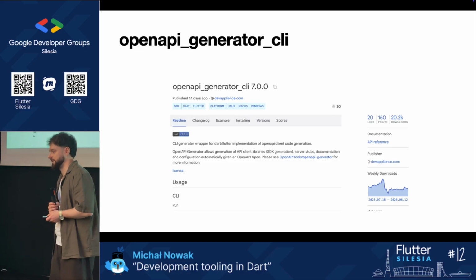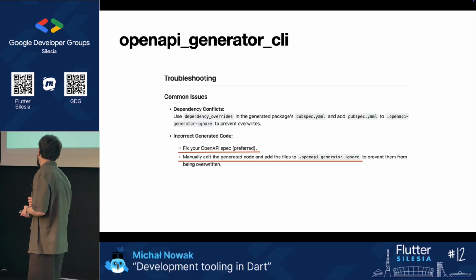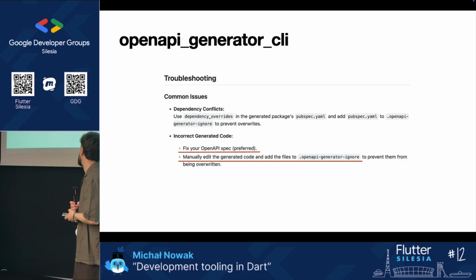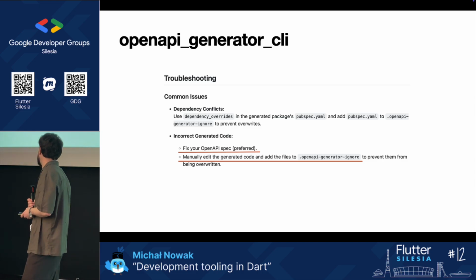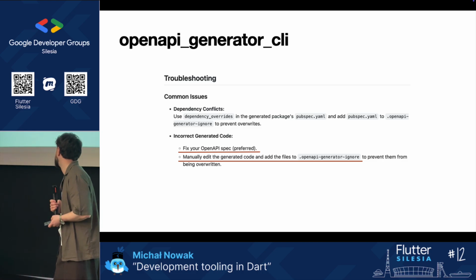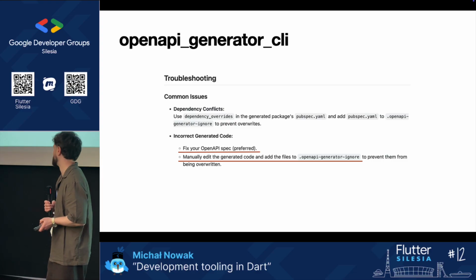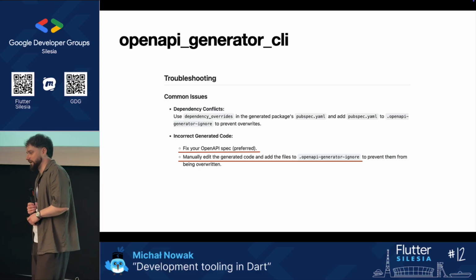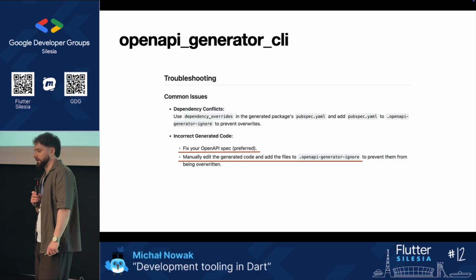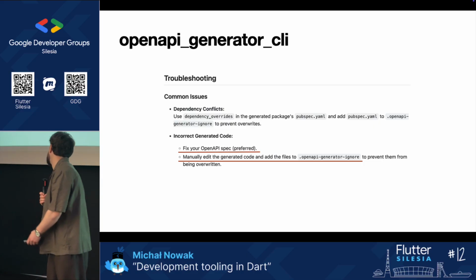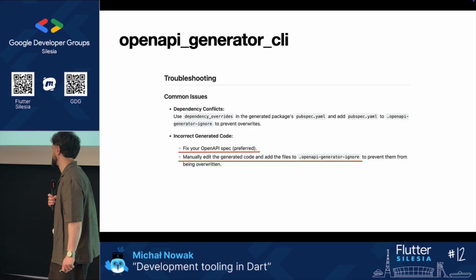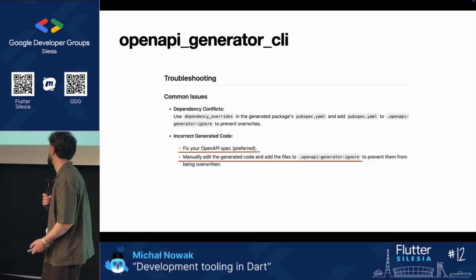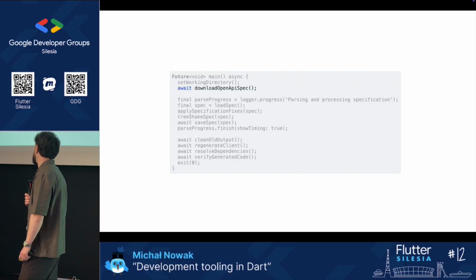Not the best. It has some quirks, like it's mentioned in the README file, to basically fix your specification if it doesn't generate, or to delete the code and put it to the ignore, to prevent it from overriding. And I found out that this is pretty simple to do with LLMs as well, to just give them some error context and then they can work on that.